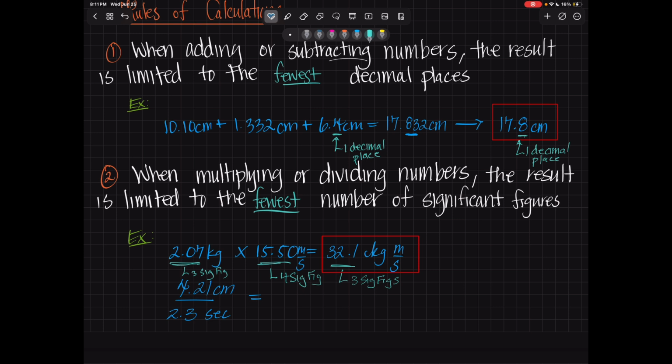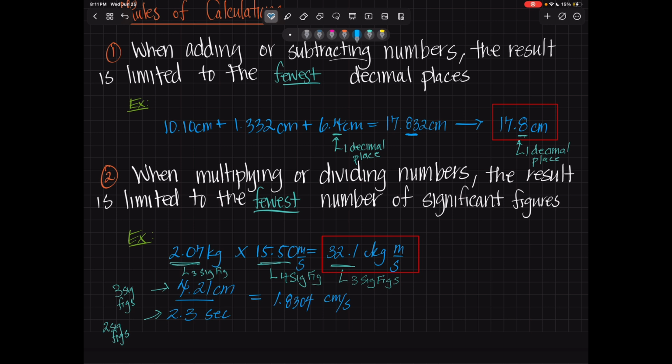Let's try another one. We have 4.21 centimeters divided by 2.3 seconds. Our numerator has 3 sigfigs. Our denominator has 2 sigfigs. So the answer would be 1.8304 centimeters per second.